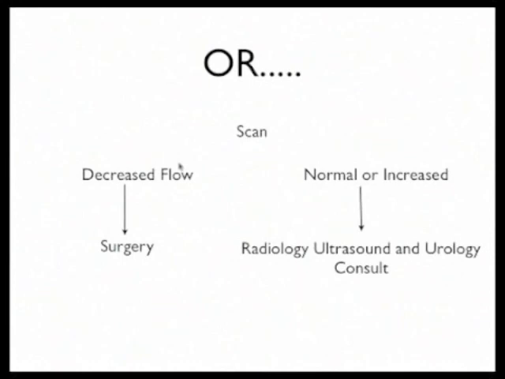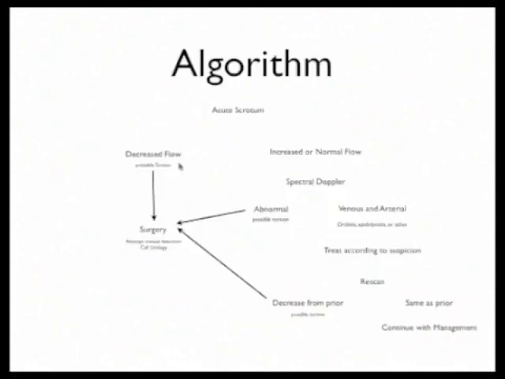I think the last algorithm that you showed is definitely interesting, in this idea of doing a second ultrasound to make sure that you're not looking at intermittent torsion. So I think I could maybe pull the trigger on that and say that, okay, if there's decreased flow, they're going to surgery.